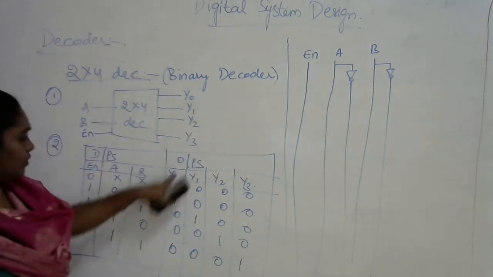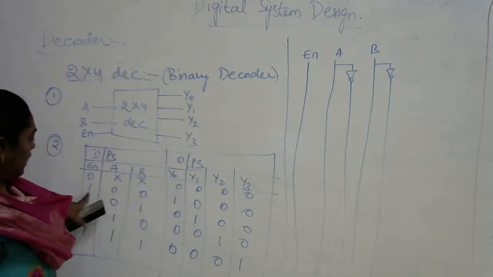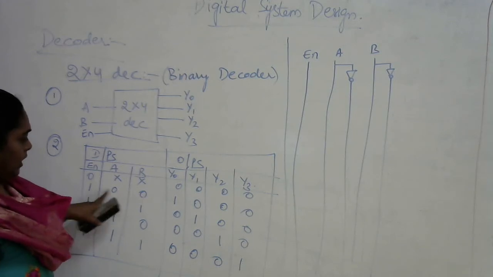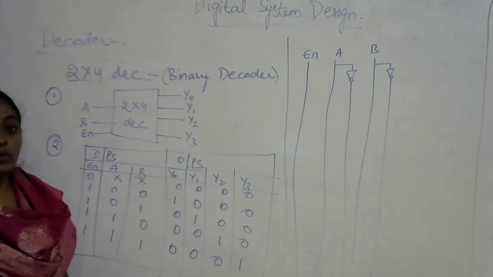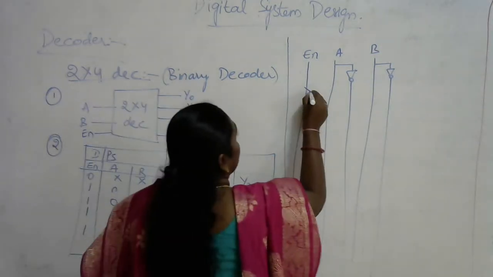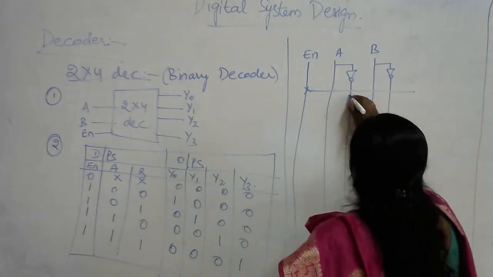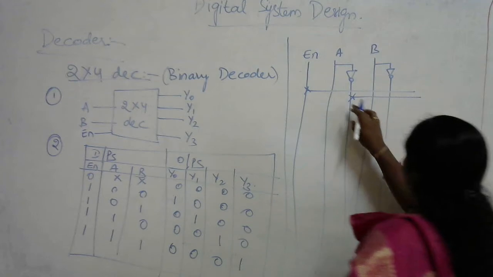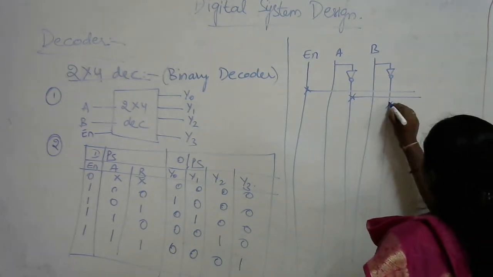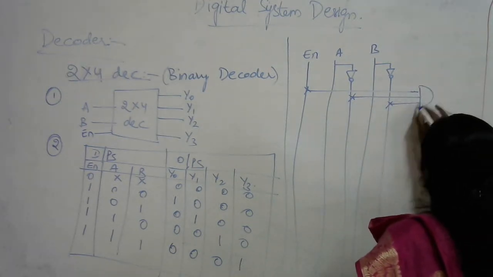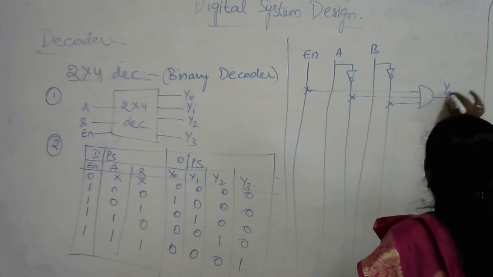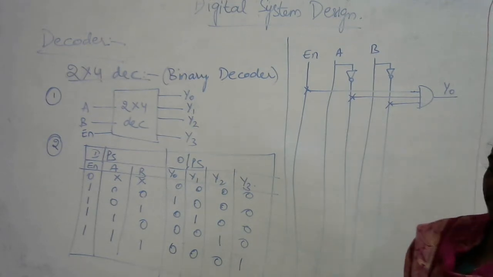Now, coming to the top, the y0 column, enable should be equivalent to 1, and A and B should be equivalent to 0, 0. So enable should be equivalent to 1, A is 0 which itself indicates A bar. Similarly, B is 0 which itself indicates B bar. So all these should be connected towards an AND gate. This is nothing but y0.